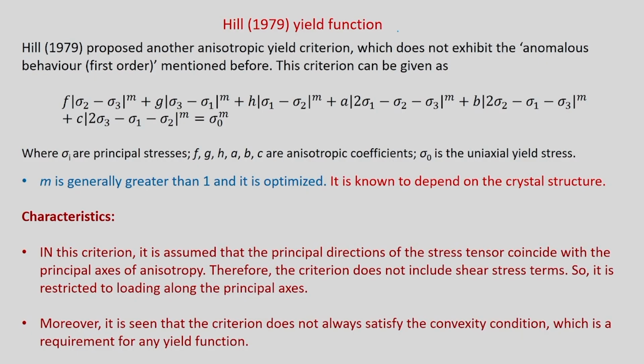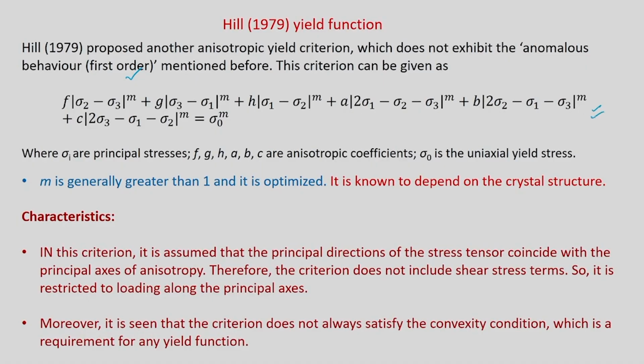Now, let us go to Hill 1979. We will not discuss much in all these things, we will quickly go ahead. So, Hill has proposed another yield function, Hill 1979, which does not exhibit the anomalous behavior of first order mentioned before. The anomalous behavior we mentioned before is that though R is less than 1, your yield locus is going to be outside the von Mises yield locus, for example in aluminum alloys.